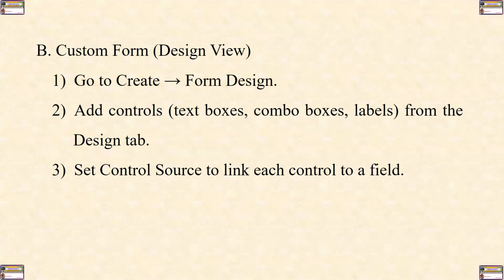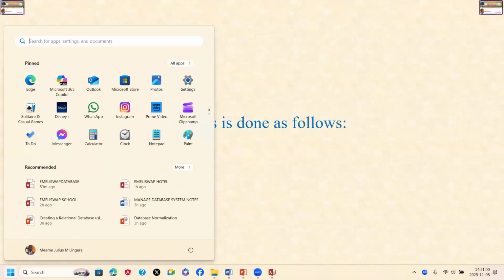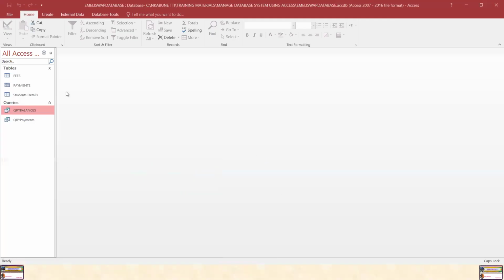Then you set the control source to link each control to a field, and then save the form. Creating a form in design view we are going to learn later in the next presentation. So for this time, let us create at least one or two forms for our database.